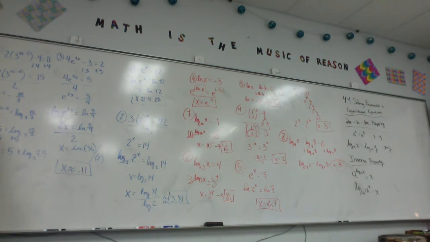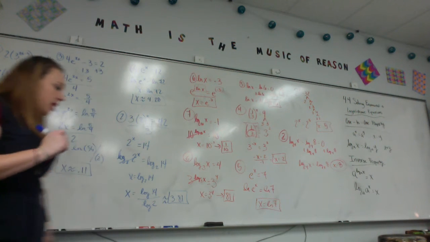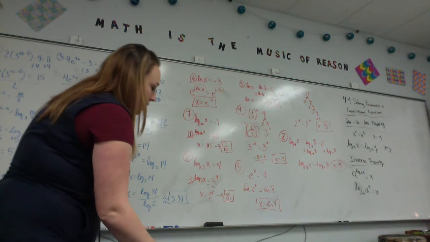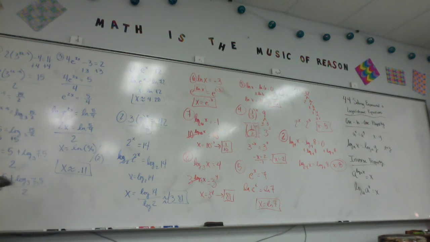Divide by 2. t equals 5 plus log base 3 of 7.5, over 2. Now, here's the problem. If you want to solve this in your calculator, because they're asking you to solve it, you have to actually do a change of base here to solve this part first.